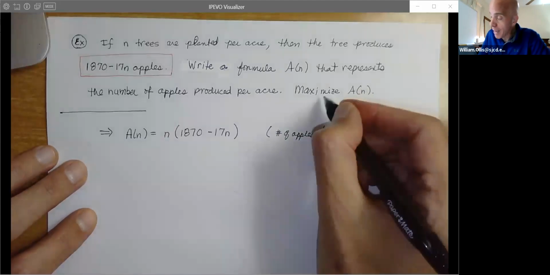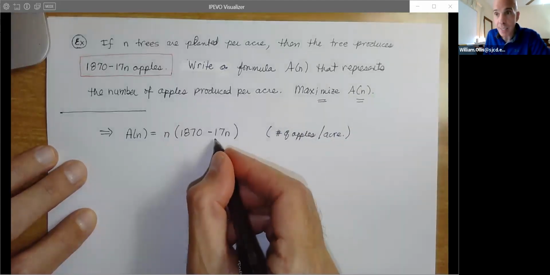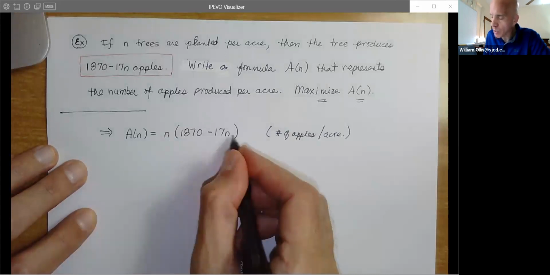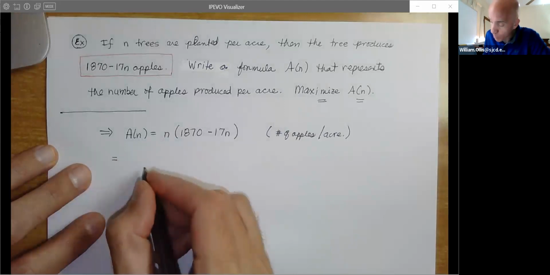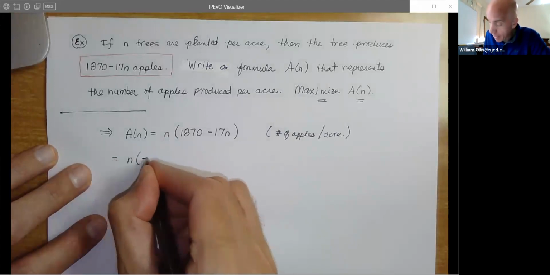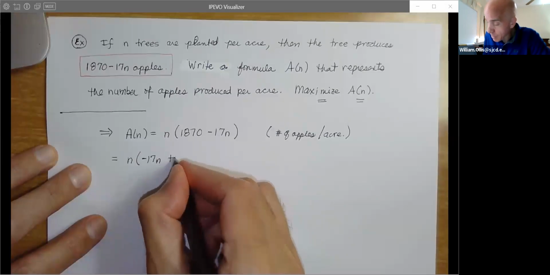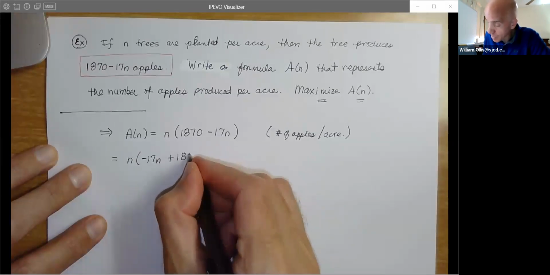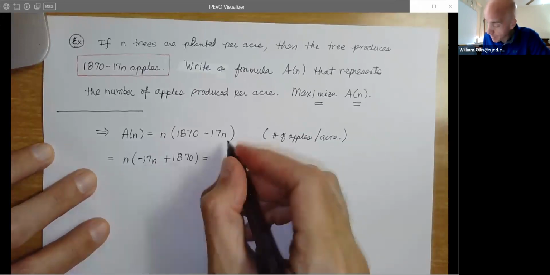So now we want to maximize, and we know we can maximize because we've got a negative as the leading coefficient. But first, what we want to do is make it user-friendly. So let's rewrite it like we did in the last problem. So we have negative 17n squared plus 1,870n. And let's factor the negative 17.